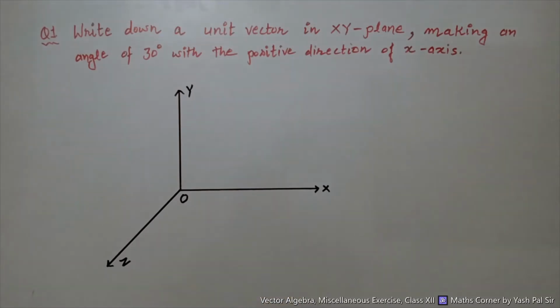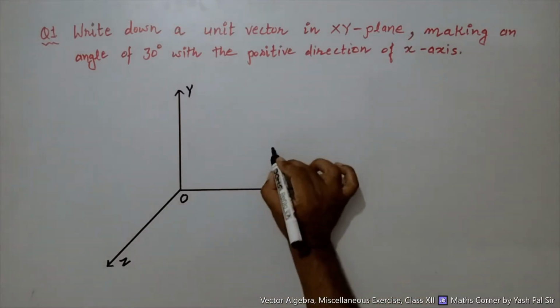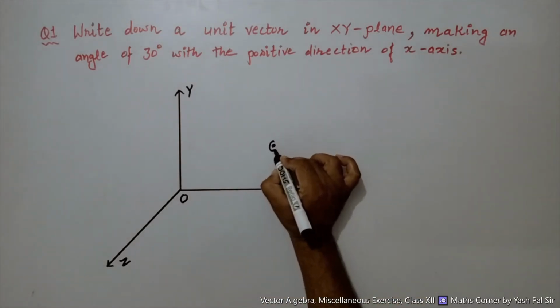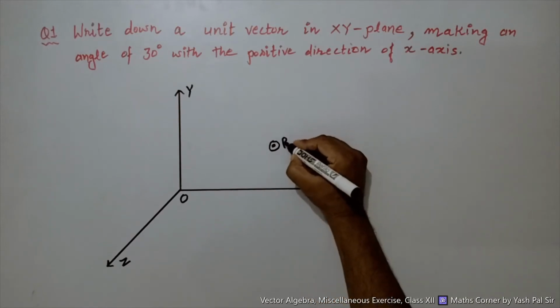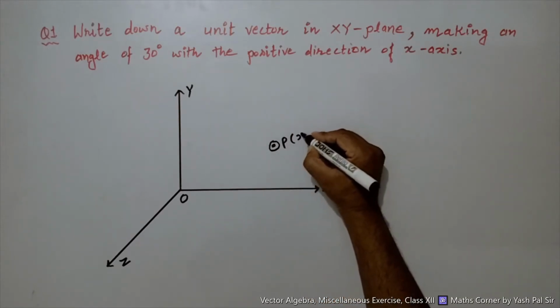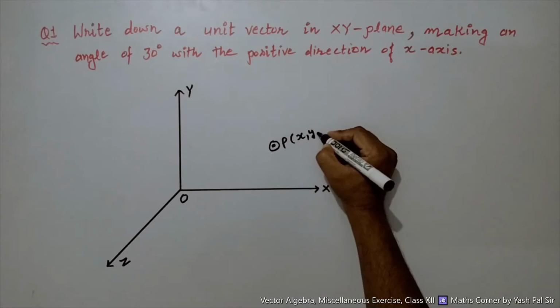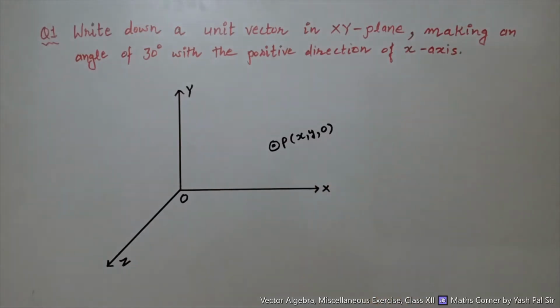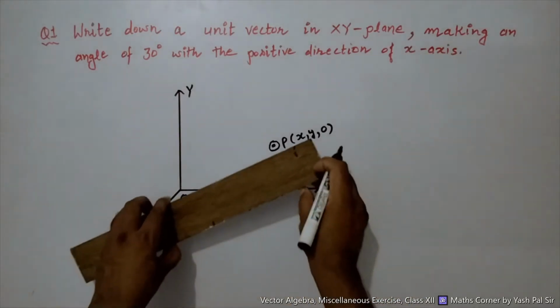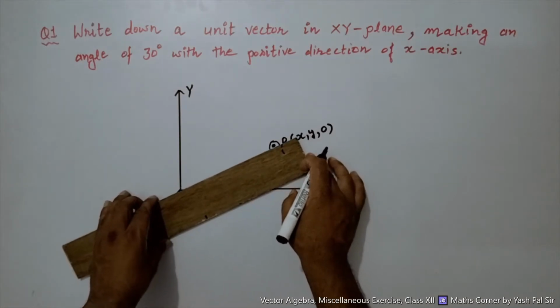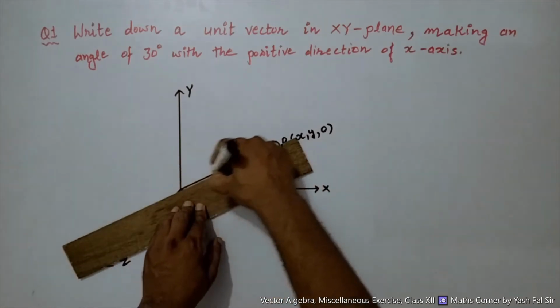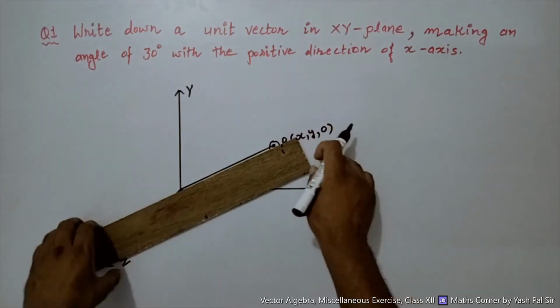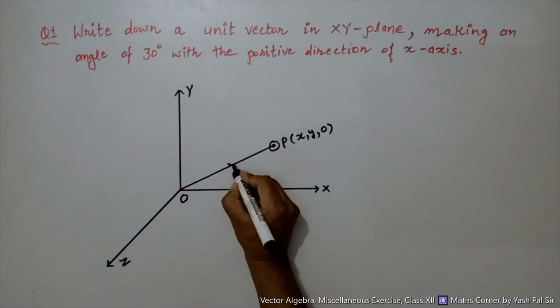O is the origin. Suppose P is any point in xy plane. Now in xy plane what we know, z coordinate is 0, right? So joining OP, this is the required vector OP.